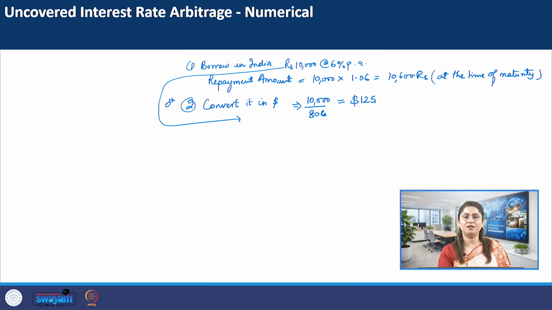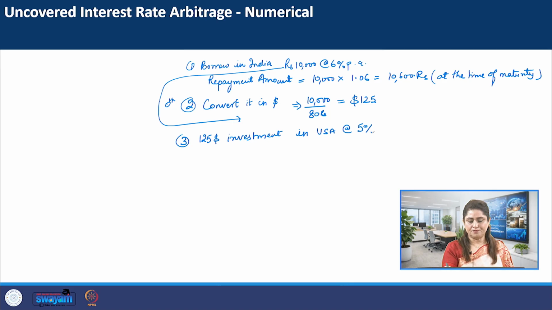So we are going to invest this $125 in USA at a rate of 5%, because here we are trying to exploit the spot rate differential. So this is equal to $125 into 1.05, which gives us $131.25.